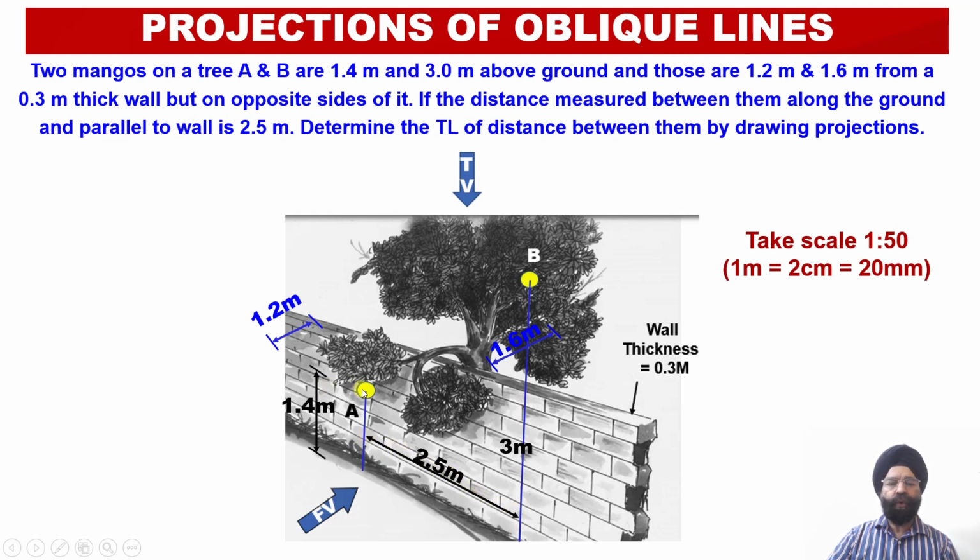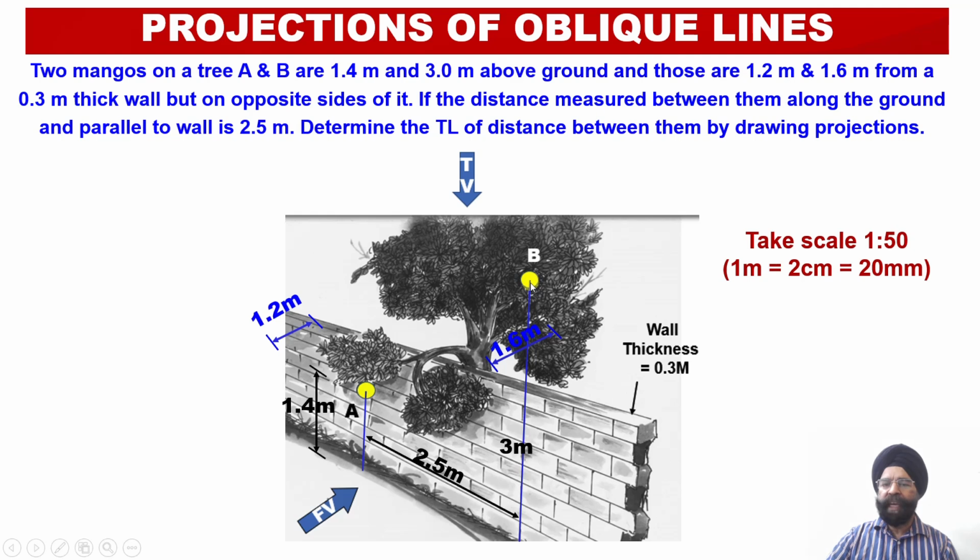That is, the distance measured along the wall in the front view happens to be 2.5 meters. Now, in order to locate point A, or the mango A, this mango A is located 1.2 meters in front of the wall and at a height of 1.4 meters above the ground. Here we have this wall, which has a thickness of 0.3 meter.